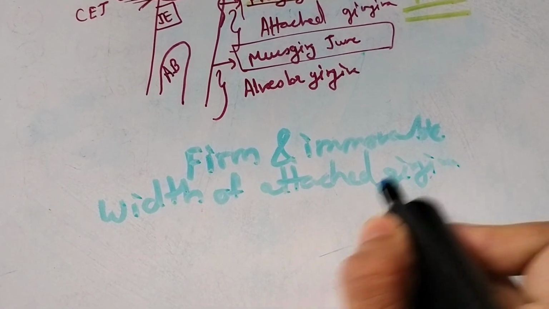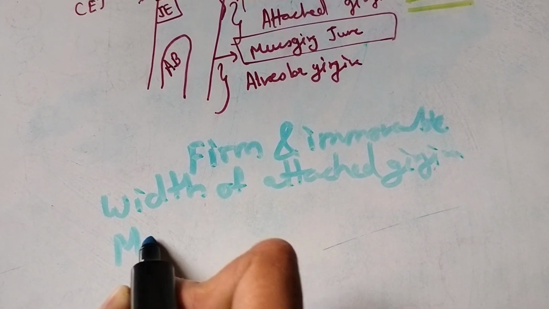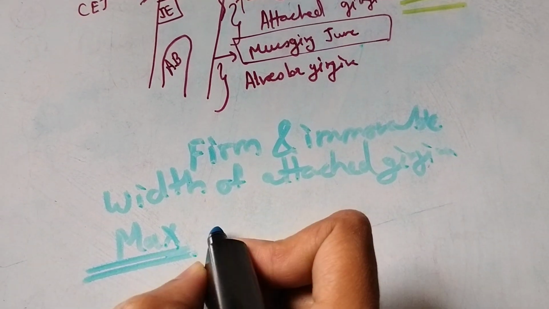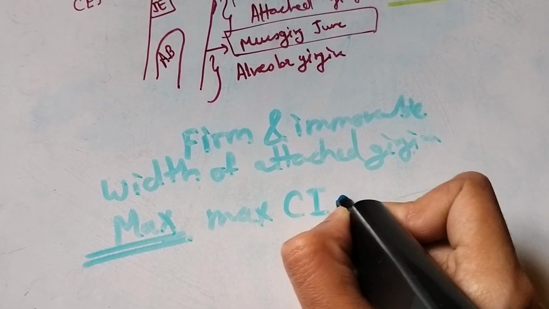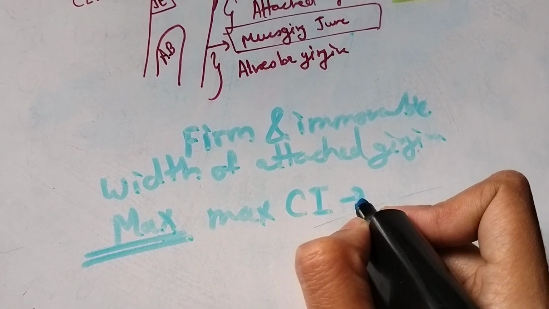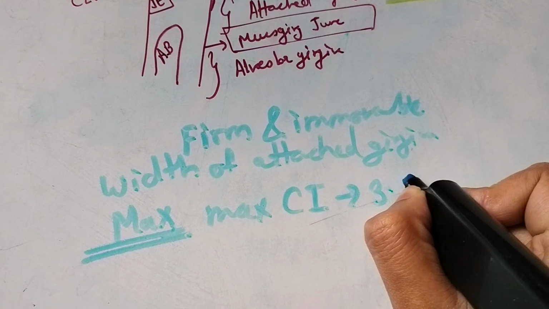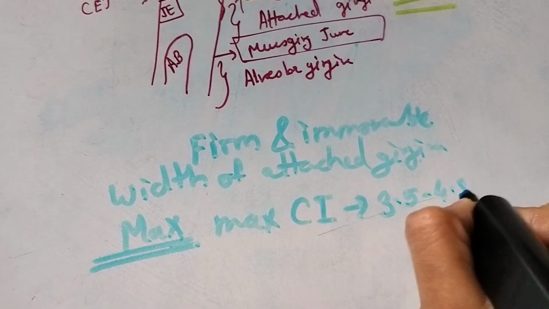In maximum cases, in a maxillary central incisor, the width of the attached gingiva is 3.5 to 4.5 mm.